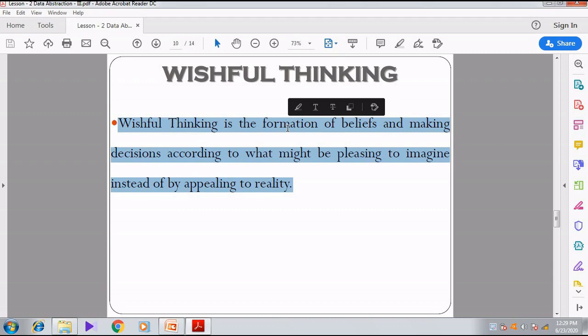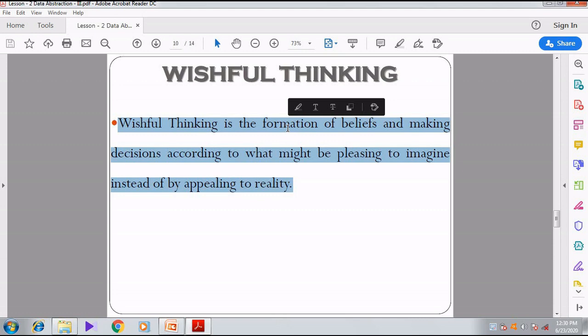Instead of going in a realistic manner, we think that whenever we do this, it will be a pleasing one, it will be a good one. And then we take a decision based on that, which will be very pleasing, which will be the correct thing. So based on this we are taking a decision instead of going in a realistic manner.